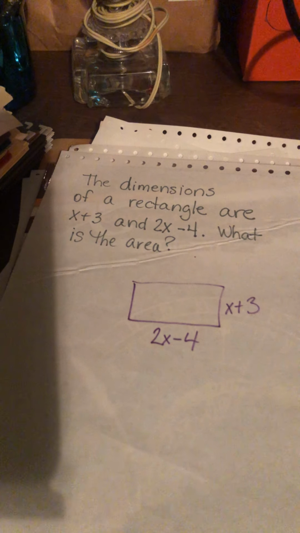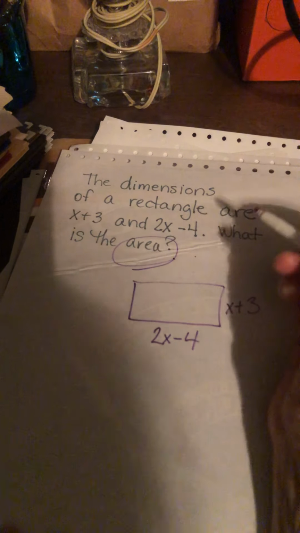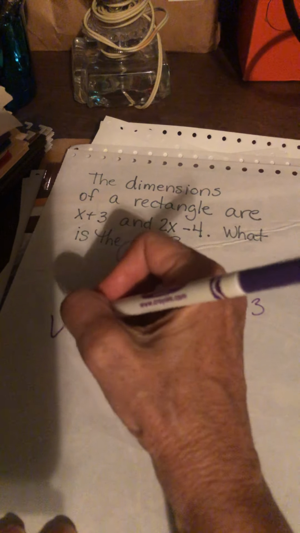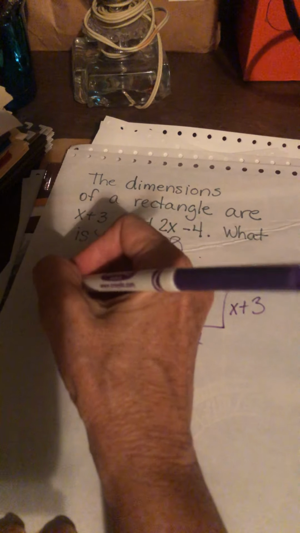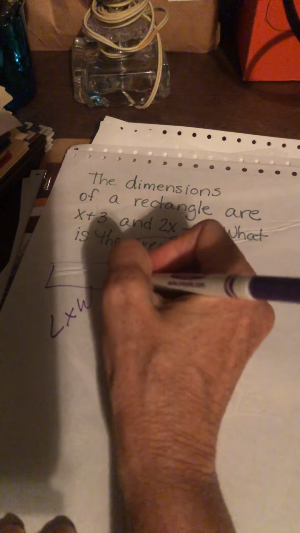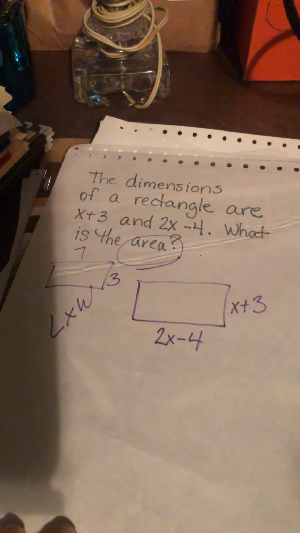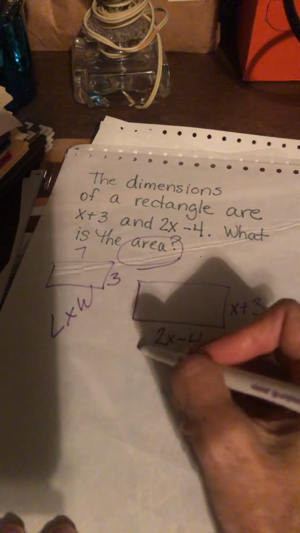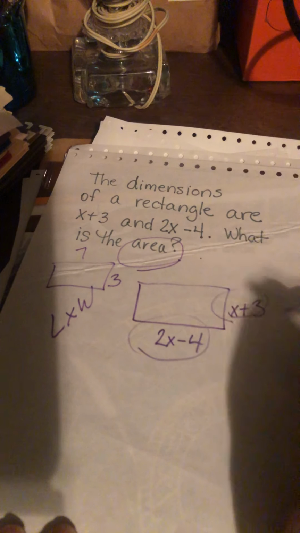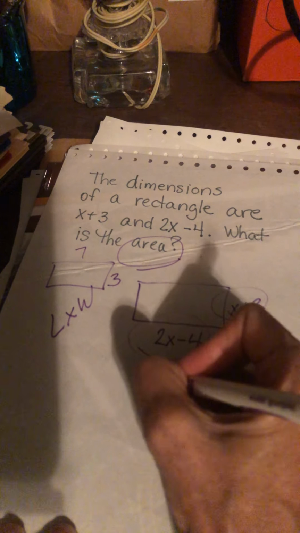You will still get the same answer. Okay, it wants to know what is the area. Well, we know area of a rectangle, we do length times width. For example, if I had a rectangle here and it was 3 by 7, we would say 7 times 3 is 21. But this is what I have. So I have to multiply these two.